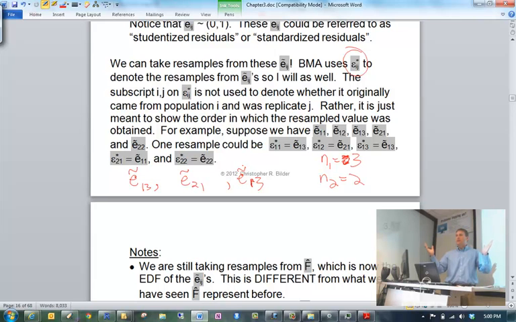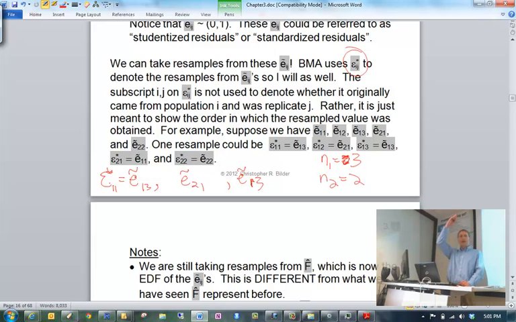And this is where the notation gets a little weird. Since this E tilde 1,3 was the very first thing that I resampled, in my notation I'm going to denote it as epsilon star 1,1.